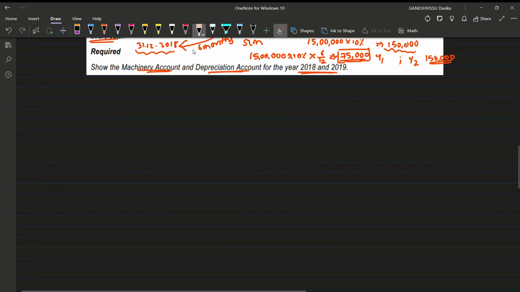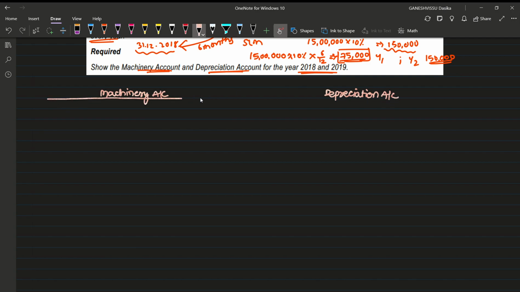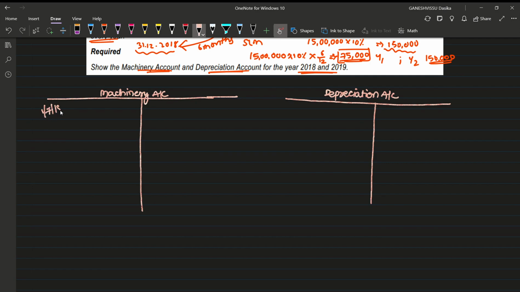Depreciation account and machinery account. So we start with machinery account, and let us write here depreciation account. So this is machinery account and this is depreciation account. I'm not drawing all the lines. Let us see. Machinery account, on 1st July 2018 it has been purchased.